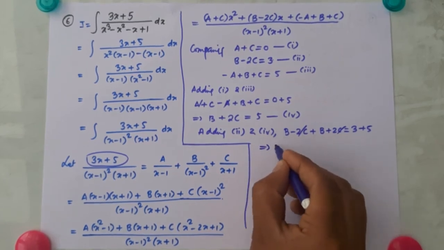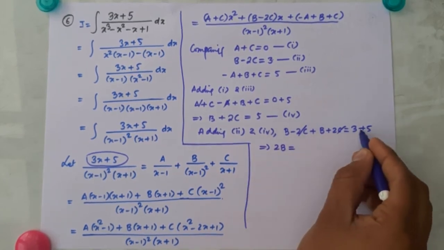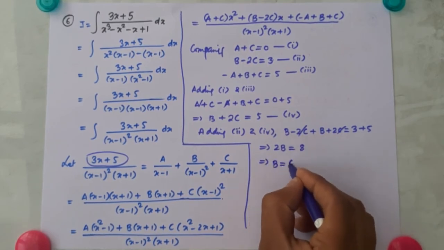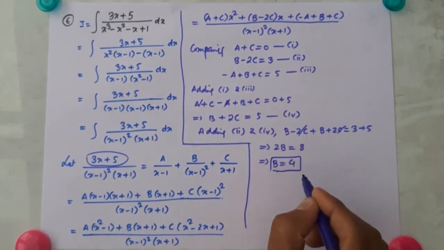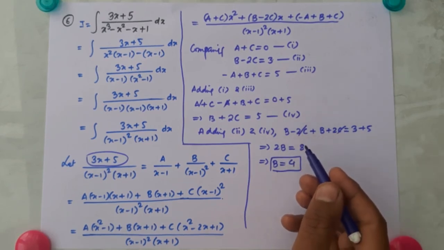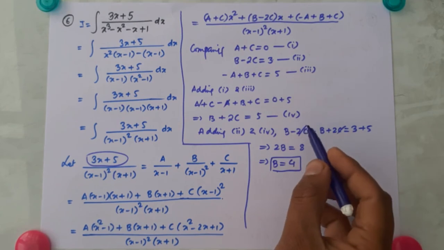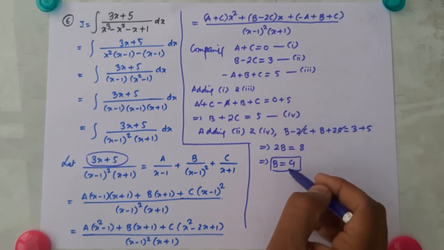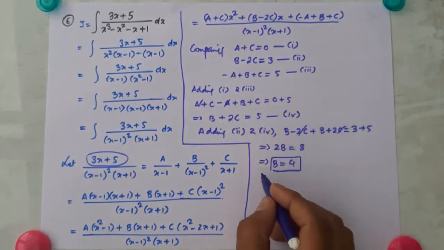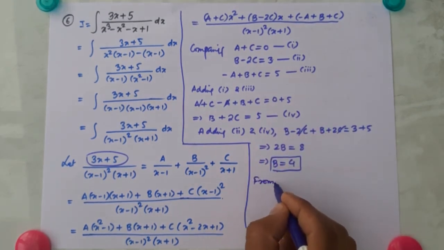So from here 2b is equal to 3 plus 5, which is 8. That is the value of b turns out to be 4. Okay, now if you want to calculate the value of a, let's calculate the value of c first. Using b you can calculate the value of c using either 3 or 4. Okay, so from 4, let me use 4.